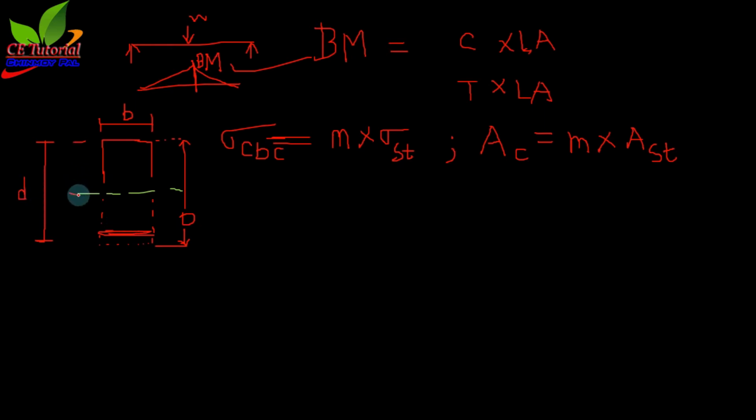The depth of the neutral axis is nothing but KD. If we can calculate the value of K, then we can multiply the K value with depth D and get the neutral axis depth KD.